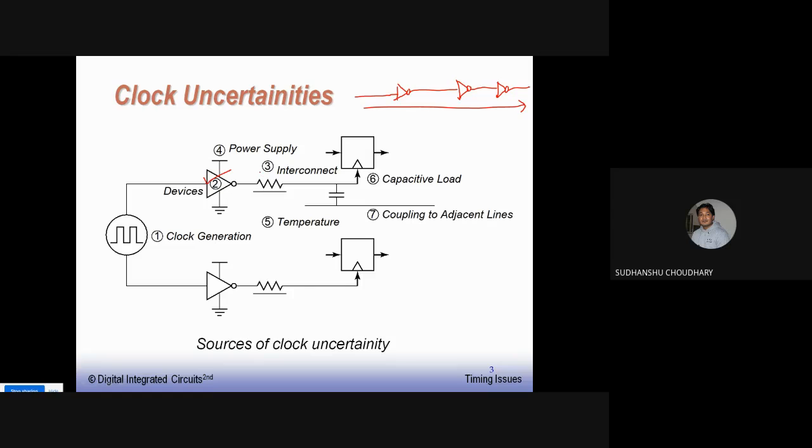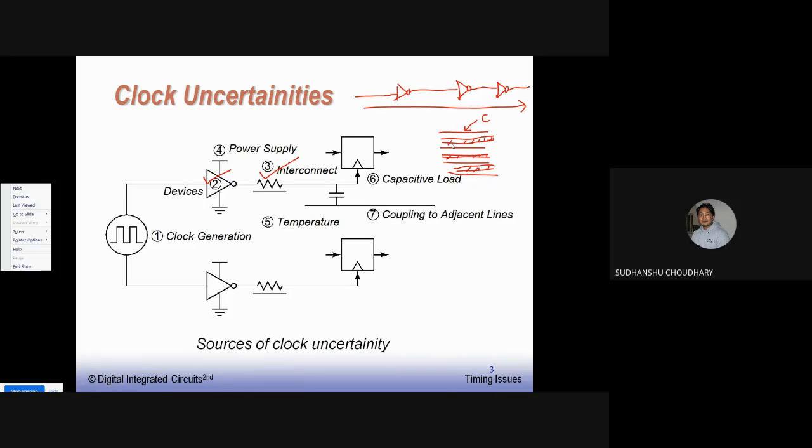Then the third uncertainty would be because of the interconnect parasitics, especially when we talk about multi-layer interconnects. We understand that in each layer, let's say we have 3 or maybe 4 layers of interconnect, each layer is separated by a dielectric, right? Now because of these process variations, the thickness of this dielectric may also differ. If the thickness of this dielectric differs, then the capacitance associated with these wires may also be different.